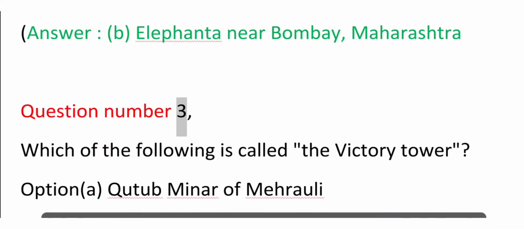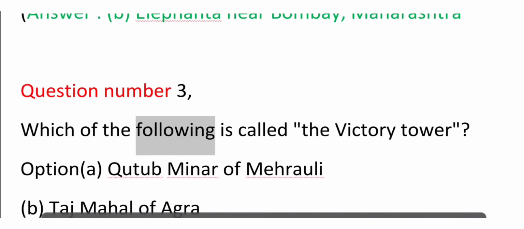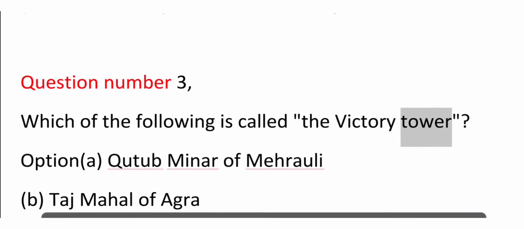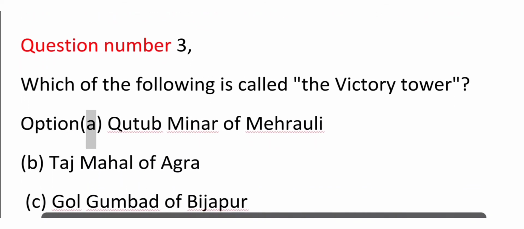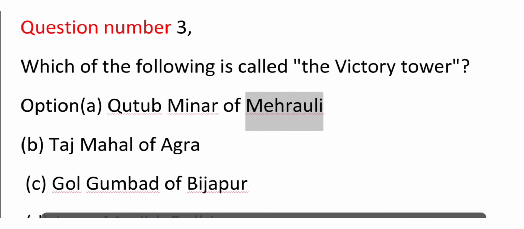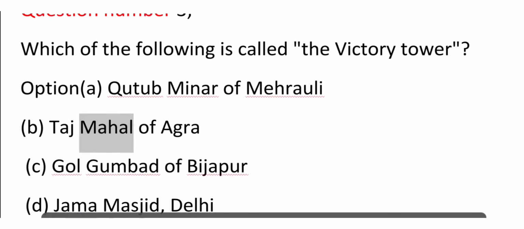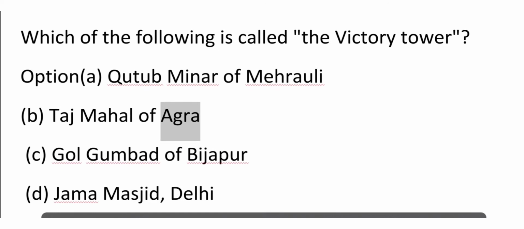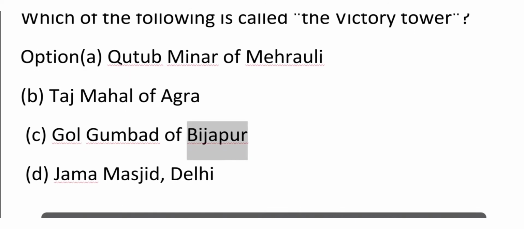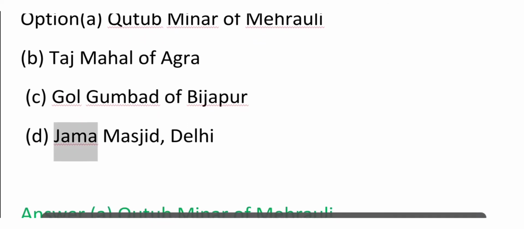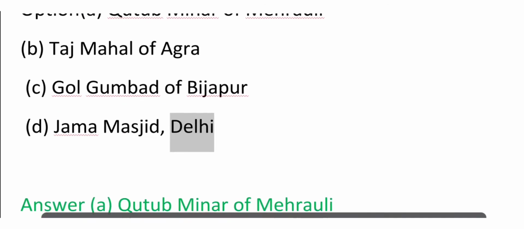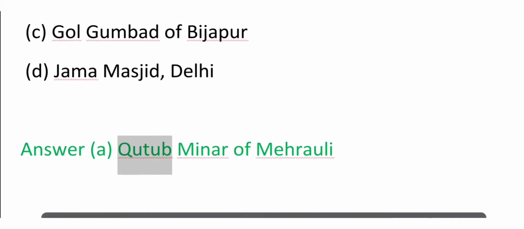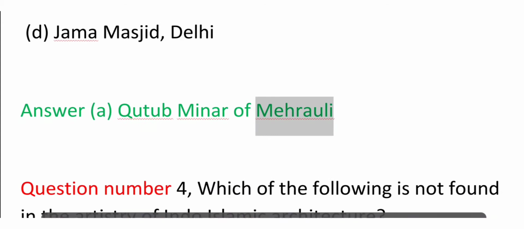Question number 3. Which of the following is called the Victory Tower? Option A. Qutub Minar of Mehrauli. B. Taj Mahal of Agra. C. Gol Gumbad of Bijapur. D. Jama Masjid, Delhi. Answer A. Qutub Minar of Mehrauli.